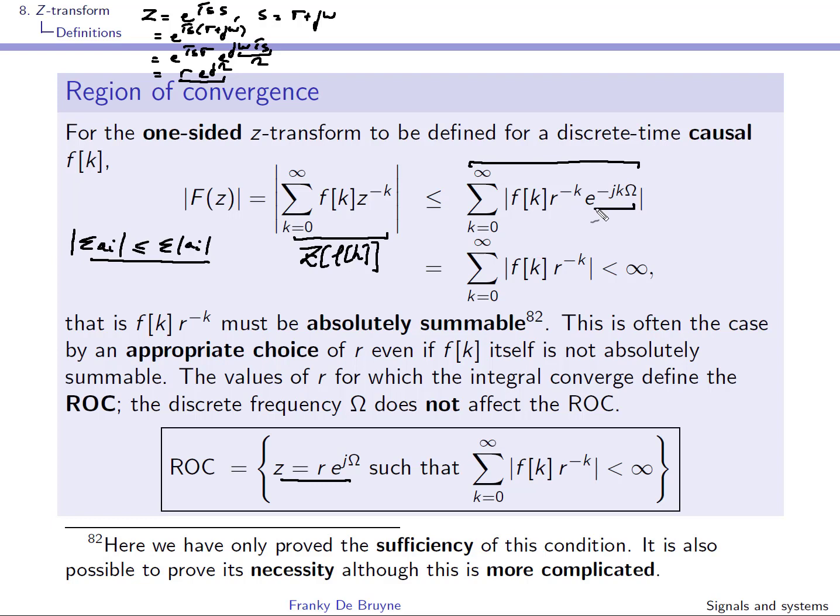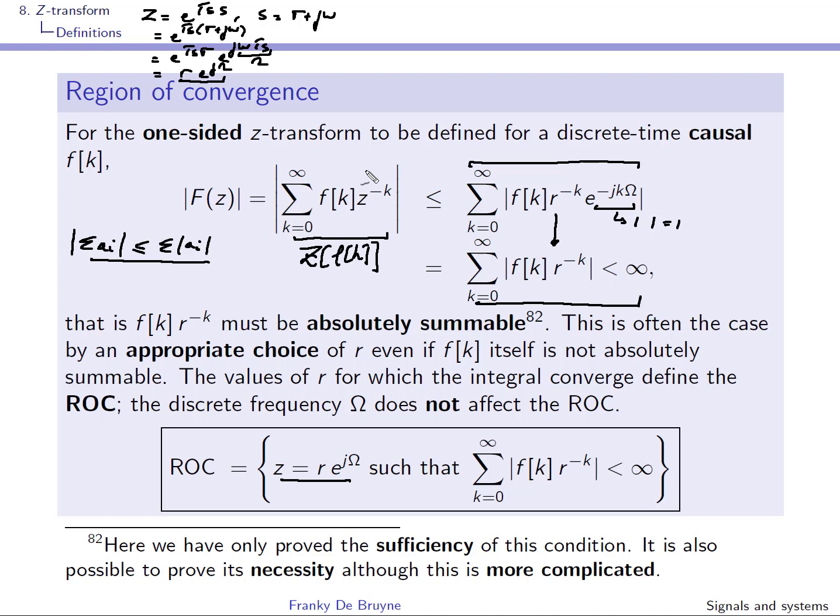This one here is living on the unit circle, so its modulus is 1. This is how you go from here to here. And you see that if this sum is bounded, then you have a sufficient condition for this z transform to be defined. Again, we prove sufficiency.